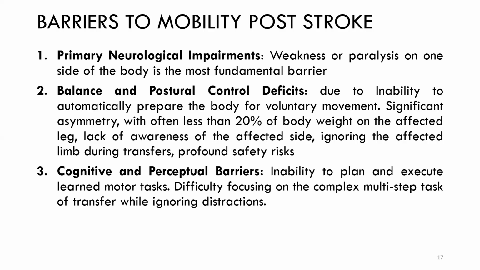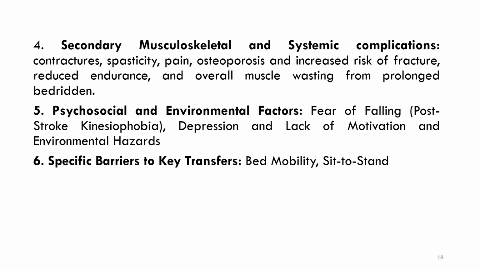Then secondary musculoskeletal and systemic complications. These come as contracture that is normally seen in stroke patients, spasticity, pain, osteoporosis, and the rest. We have also psychosocial and environmental factors.